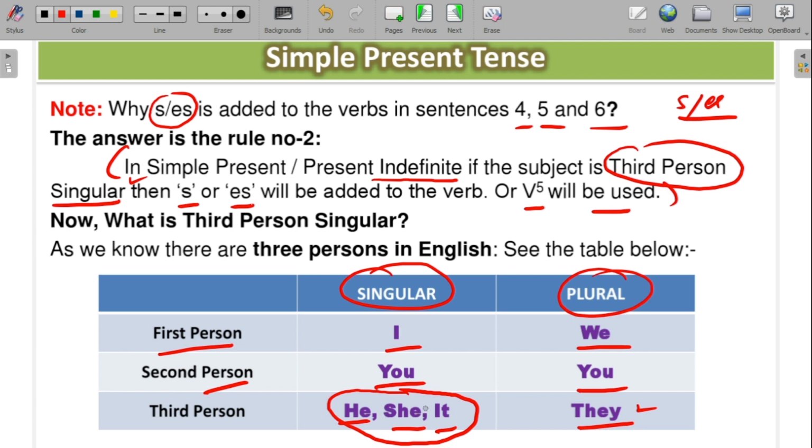Now my question is, what is third person? How can we recognize in a sentence that the subject is in third person?